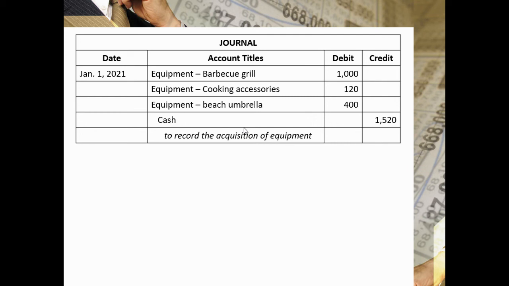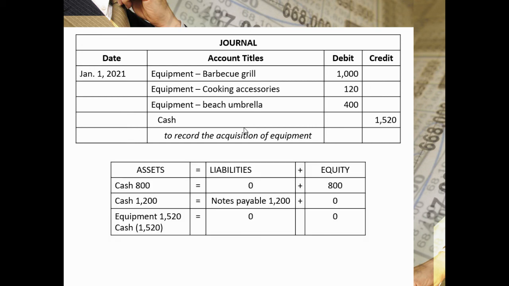So debit equipment, barbecue grill 1,000, debit equipment, cooking accessories 120, and debit equipment, beach umbrella 400, credit cash 1,520. Paano nakuha yung 1,520? So 1,000 plus 120 and plus 400. Total is 1,520.